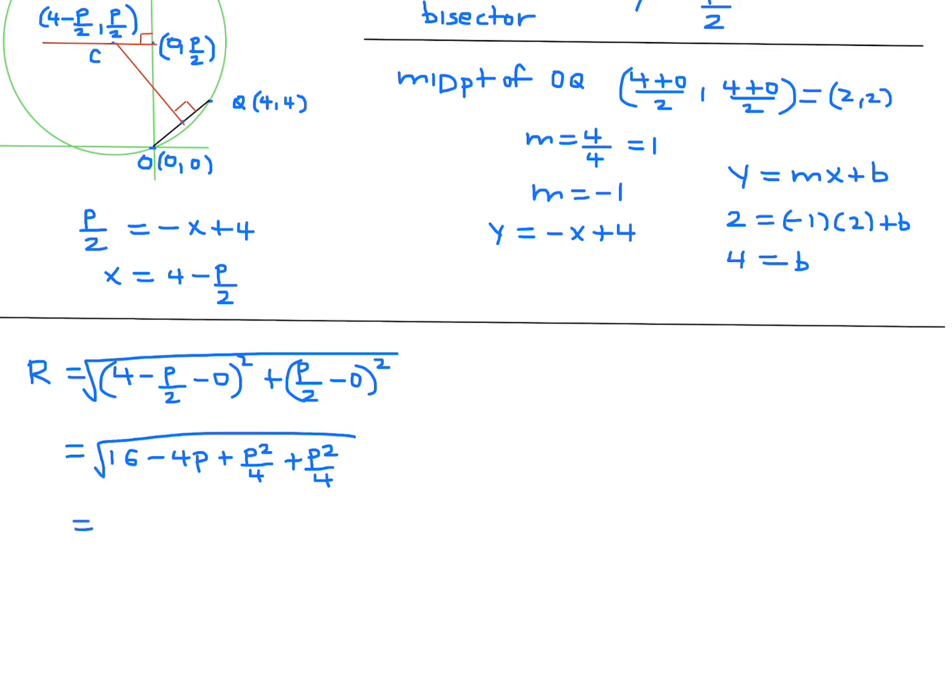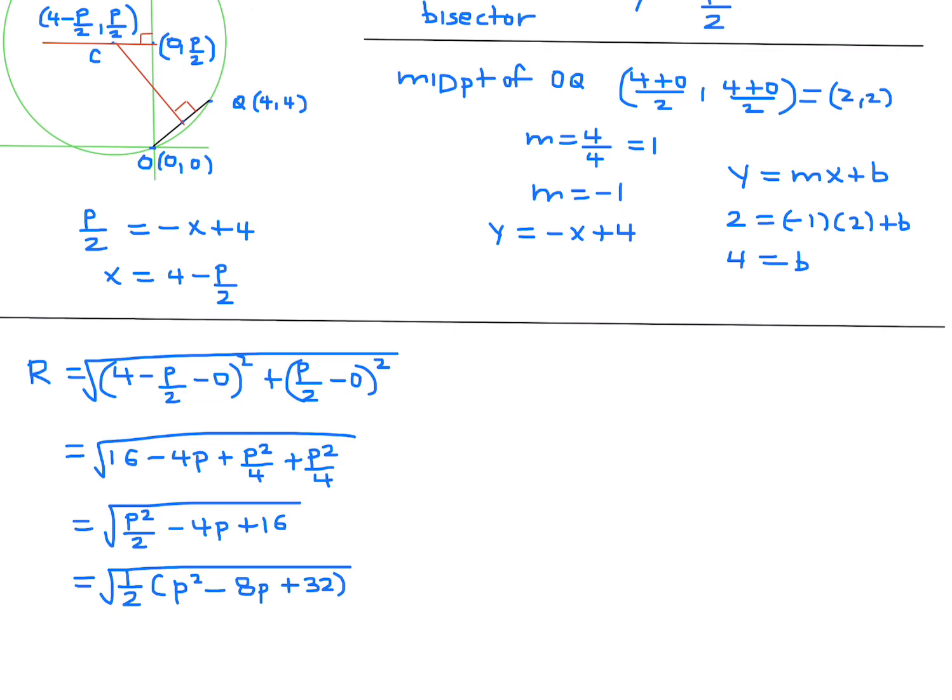And then collecting like terms, this is going to be just P squared over 2 minus 4P plus 16, like that. So if you take out a half, you get P squared minus 8P plus 32, like that.